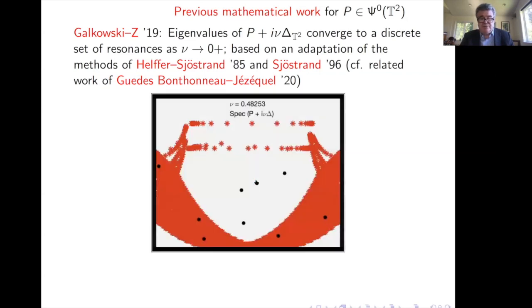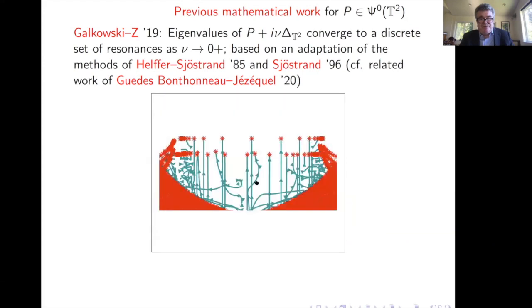This is seen in a movie. So here they move, and then they move faster. They somehow speed up as nu goes really to 0, and boom, they converge to these guys here.